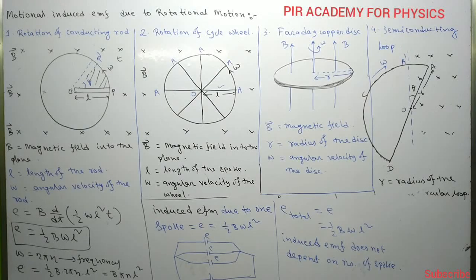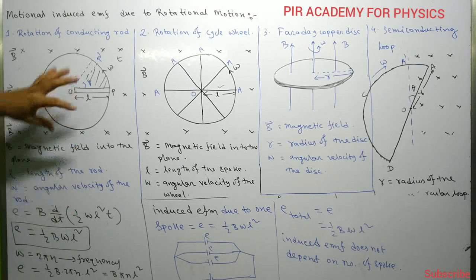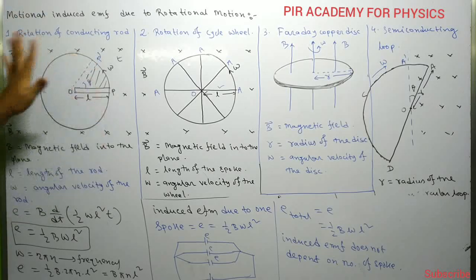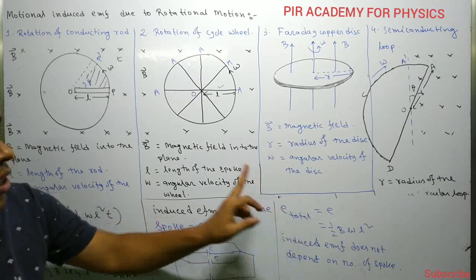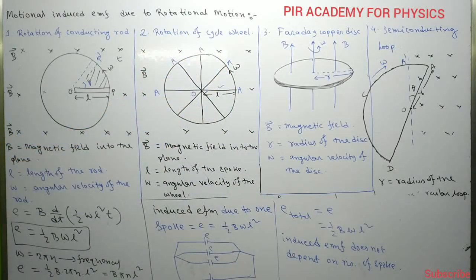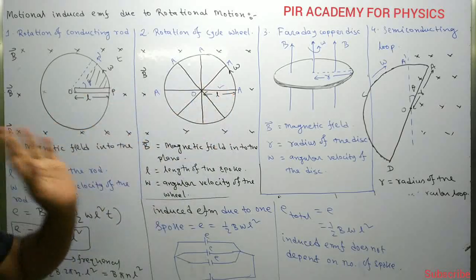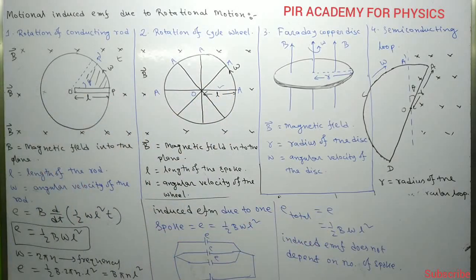The EMF generated by one spoke is the same as when rotating a conducting rod. So the total EMF generated by this wheel equals the EMF generated by one spoke, that means half B omega L square.